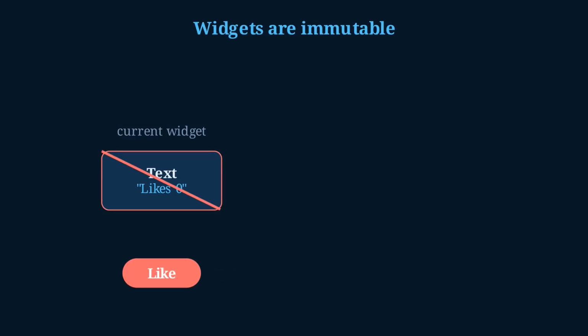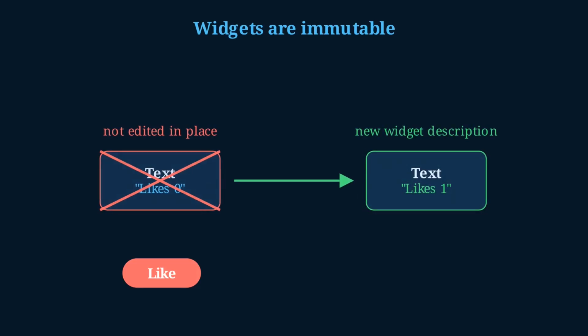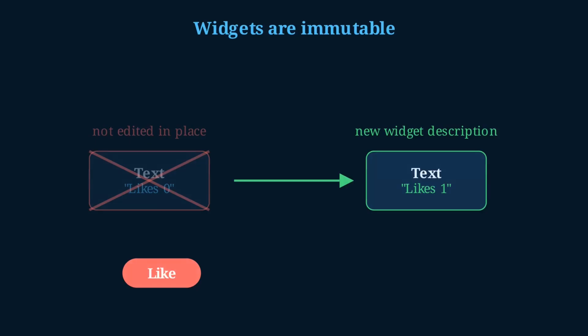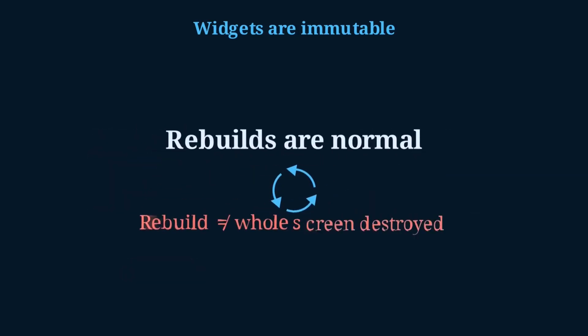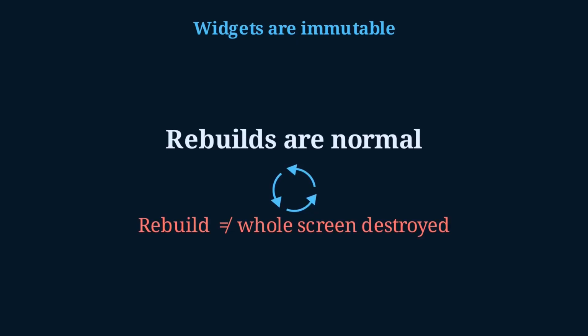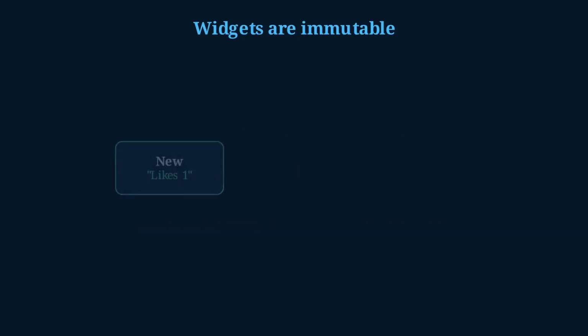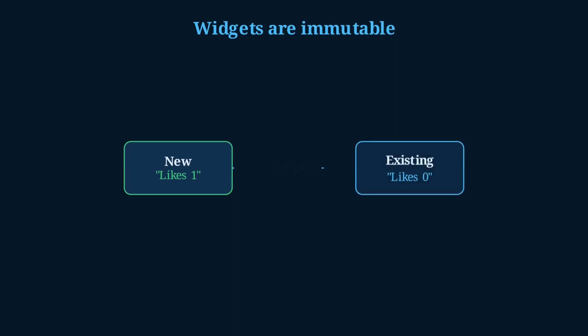Flutter does not take the old text widget and directly change it. Instead, it creates a new text widget description, "likes 1." This is why rebuilds in Flutter are normal. A rebuild does not automatically mean the whole screen is destroyed. It usually means Flutter is creating a new widget description and comparing it with what already exists underneath.